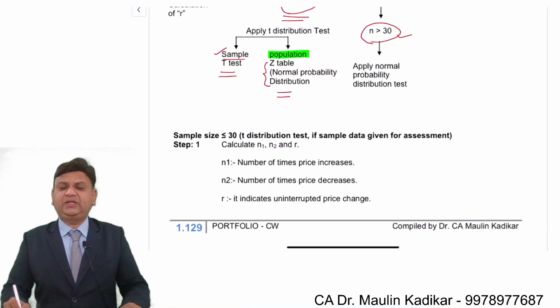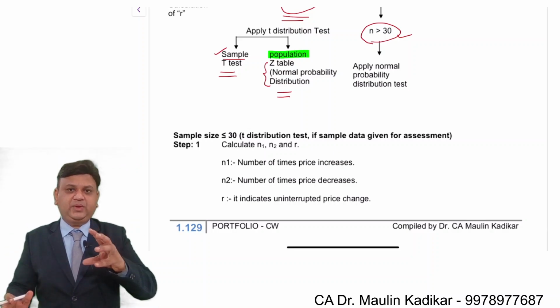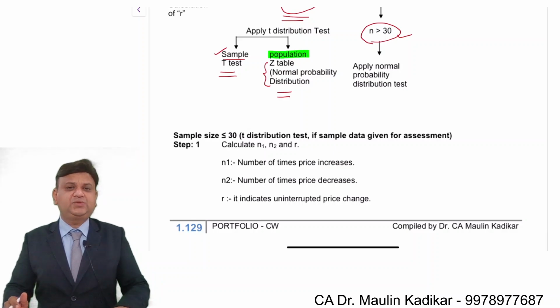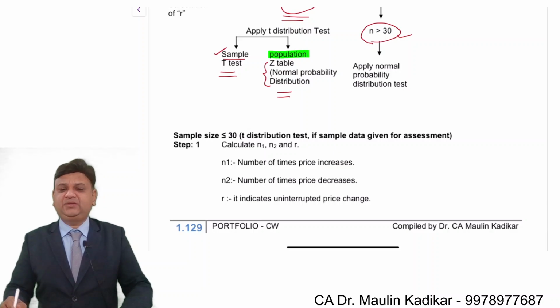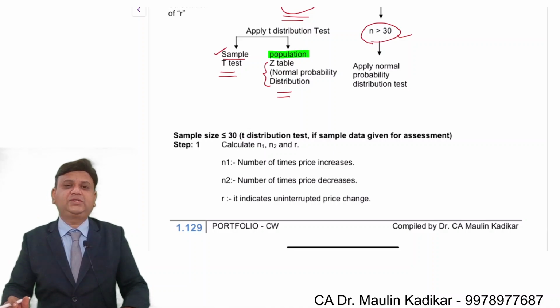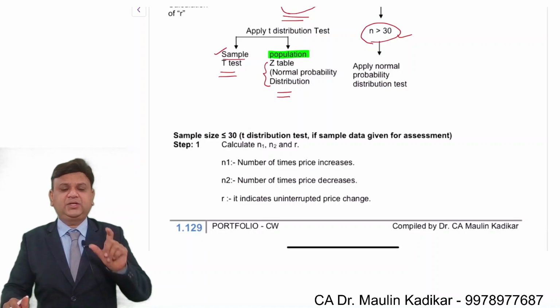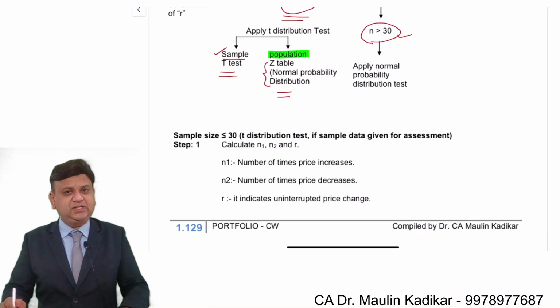What is the difference between sample data and population data? Sample data means out of the whole population we are provided with some information. For example, if we want to estimate the return of Infosys in the next year, we may take into account all the years in which Infosys has generated return, or we may have the returns of the last 5 years and, based on that, make a projection for the next year.